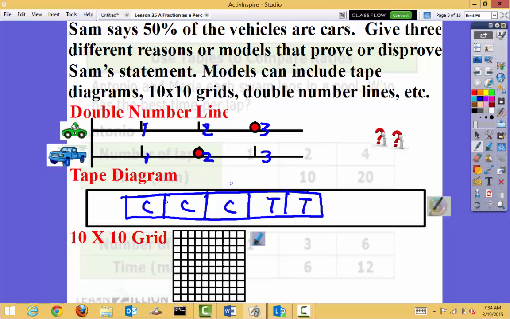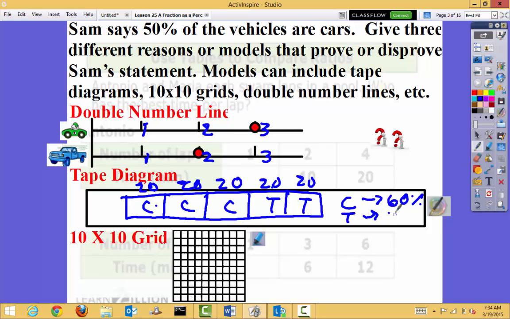However, since it's bigger here, I can see that this is going to be 20%, another 20, and another 20, another 20, another 20. So what does that mean? It means cars equals 20, 40, 60. Cars equals 60%, and my trucks are 20, 40%.